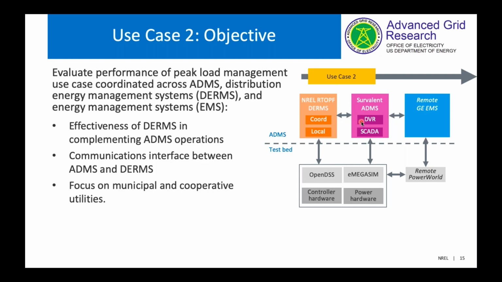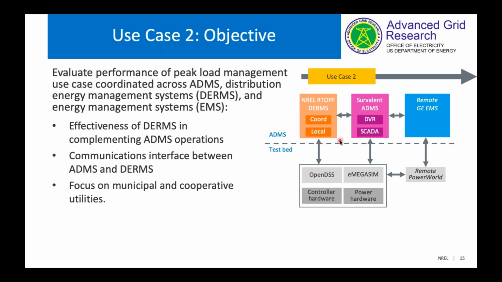So here we will be activating dynamic voltage regulation as the application that Surveillance has to reduce voltage and thereby reduce system load. And then it will also use the DERMS. In this case we do not use a commercial DERMS, but at NREL our colleagues have developed algorithms to manage DERs, so effectively a DERMS.